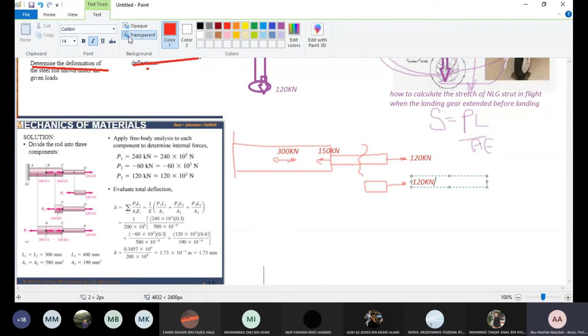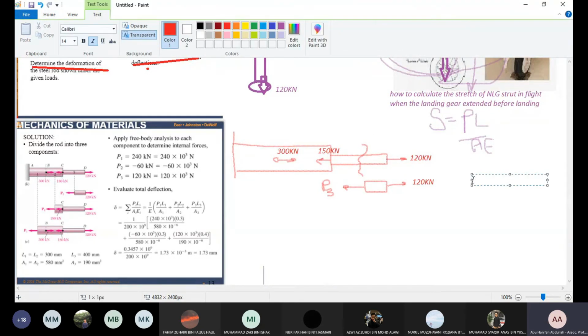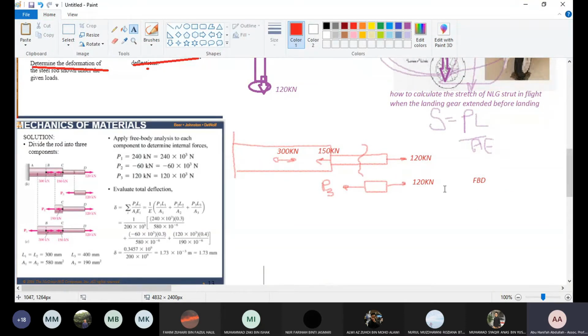Say here is P3, the reaction. This is the starting of the free body diagram. So P3 will be 120.